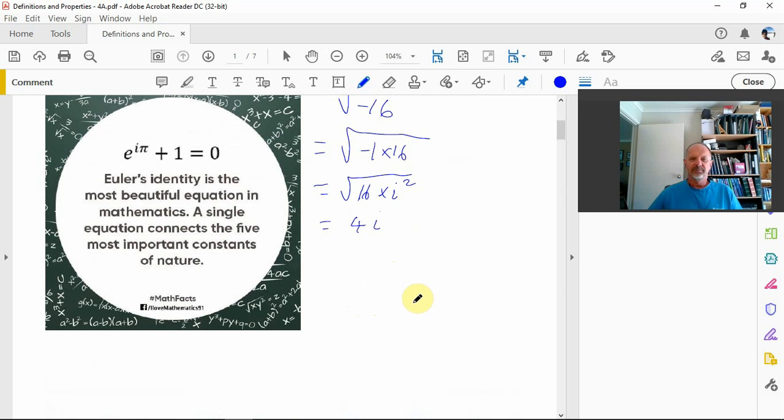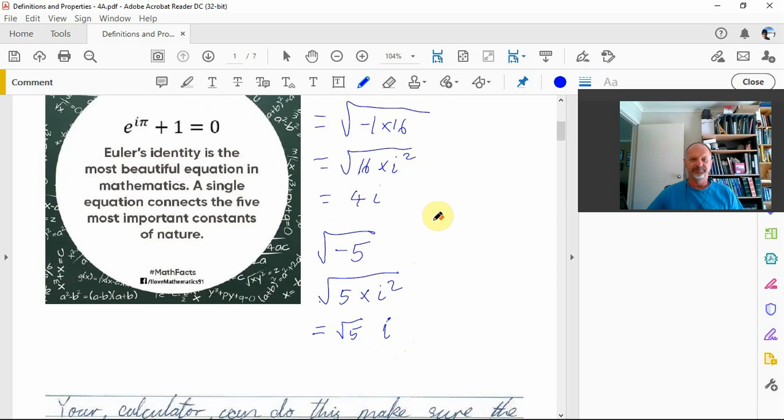Another example: the square root of -5 will be the same thing. The square root of 5 times i squared, the square root of 5 just stays as that, and the square root of i squared is i. We'll do things like that with it.